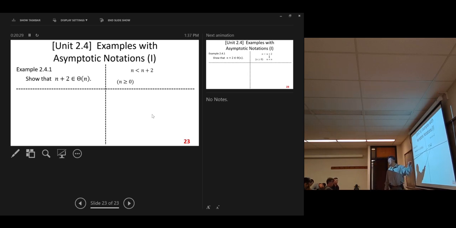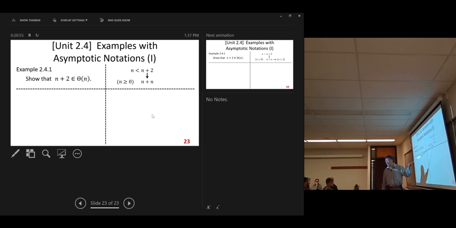How about the upper bound? Now we want to find the upper bound. What multiple of n is greater than n plus 2? How about we replace 2 by n? N plus n. How about that? What is that? 2n. Right. But we can set n0.